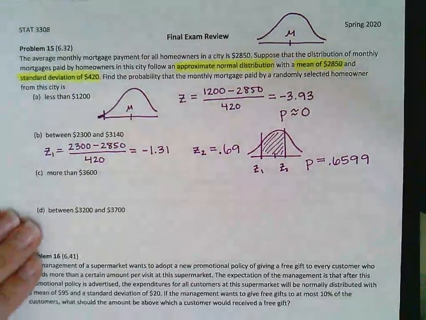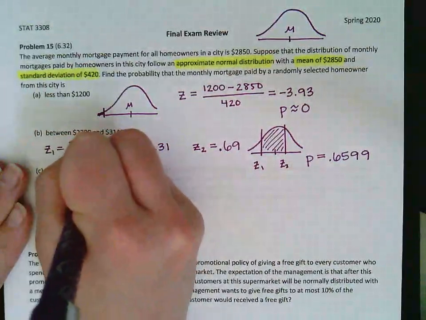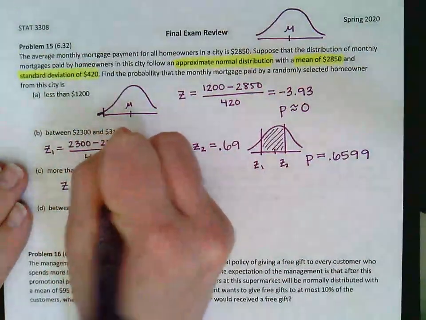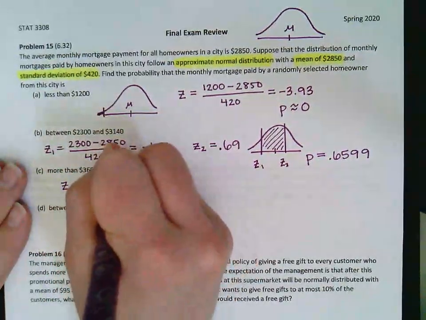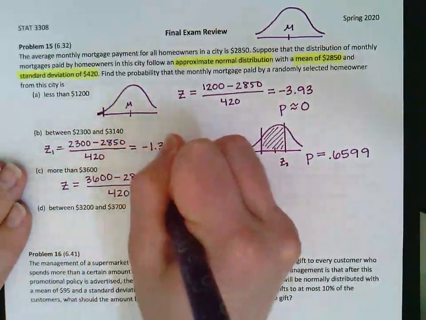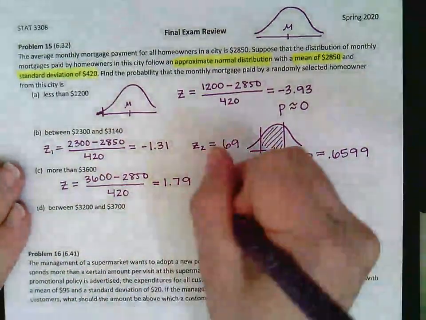All right, more than 3,600. So let's figure out where 3,600 is compared to the mean relative to my standard deviation. And I get that it's 1.79 standard deviations above the mean.